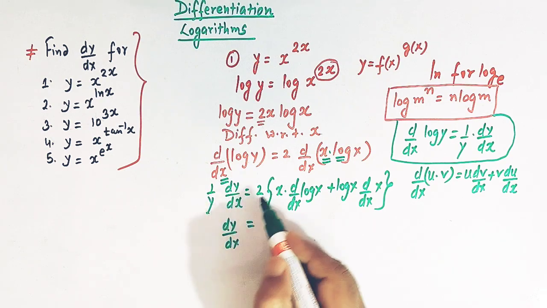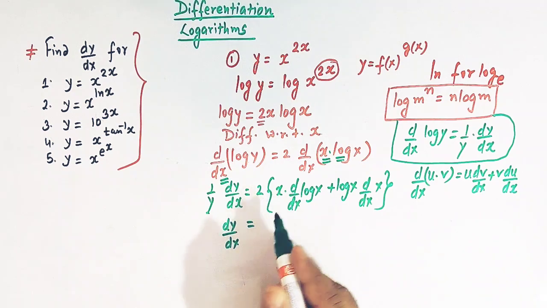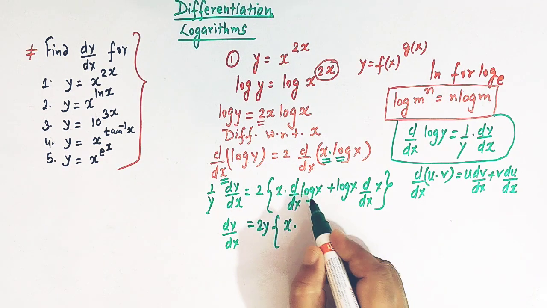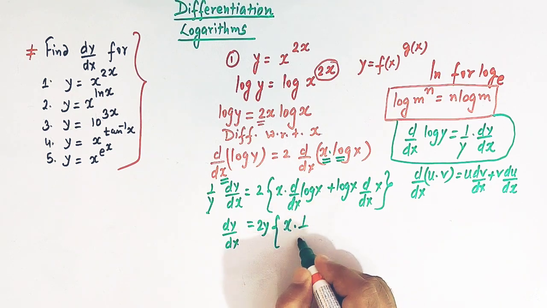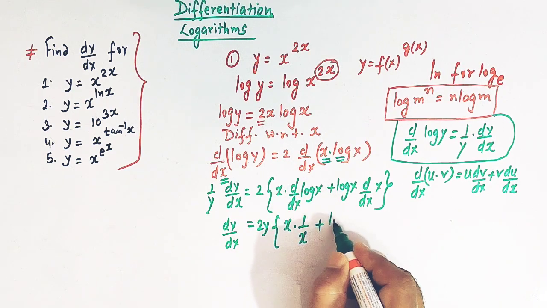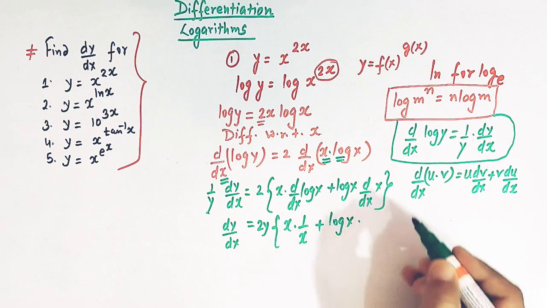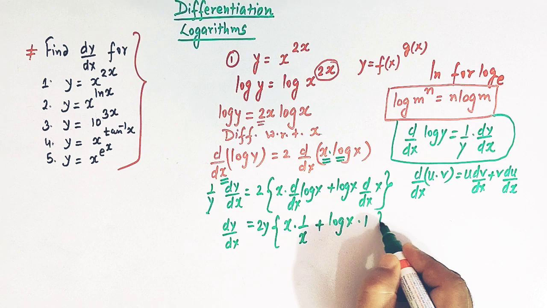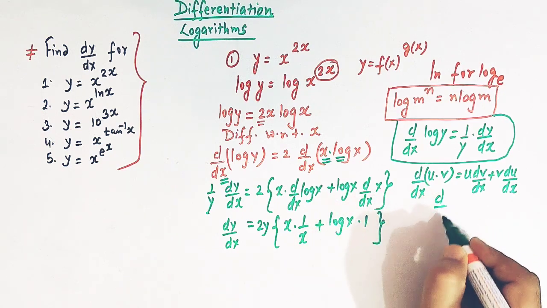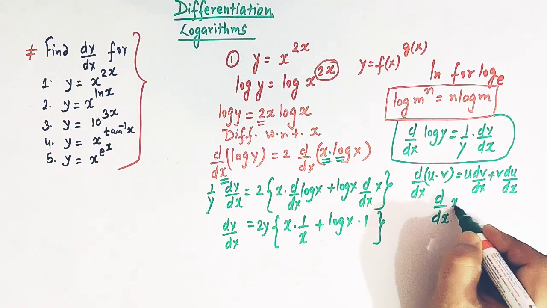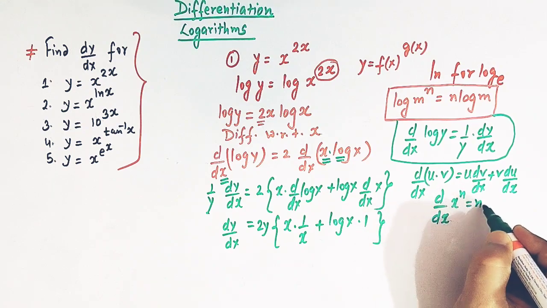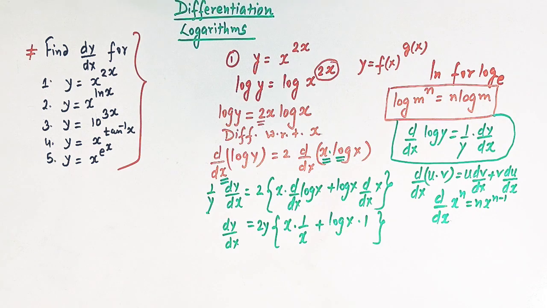So now we have dy over dx. We can take this y to the right hand side. So here we have 2y, and here we have x times the derivative of log x, which is 1 over x, and log x times the derivative of x with respect to x, which is simply 1, right? So here we have used this result, that is, the derivative of x raised to n is n x raised to n minus 1, right?